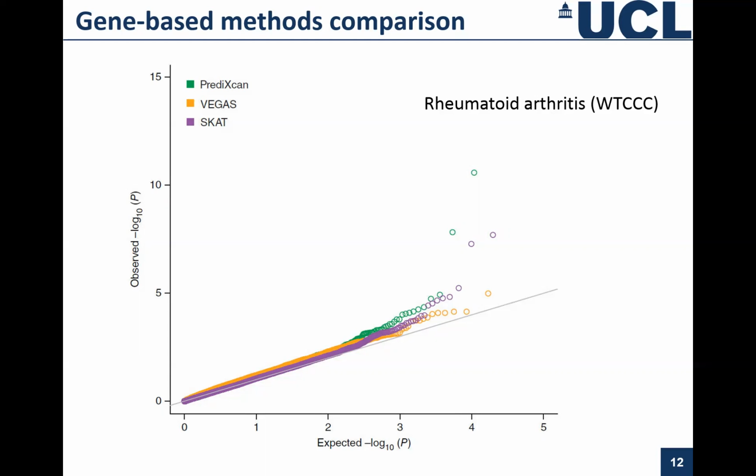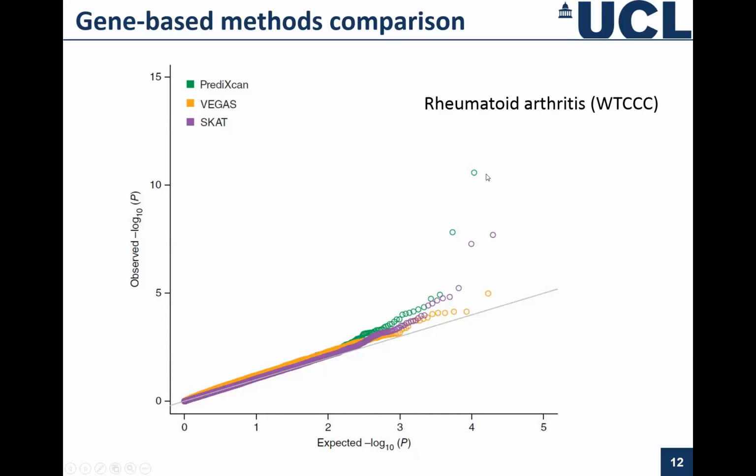This is a comparison, also for one of the Wellcome Trust data sets, in this case rheumatoid arthritis, where they compare the QQ plot of the associations of the gene using PredictXcan in green, and then using two of the other commonly used gene-based association analyses, which can incorporate rare variants and common variants: the sequence kernel association test, SKAT, and maybe less known VEGAS.